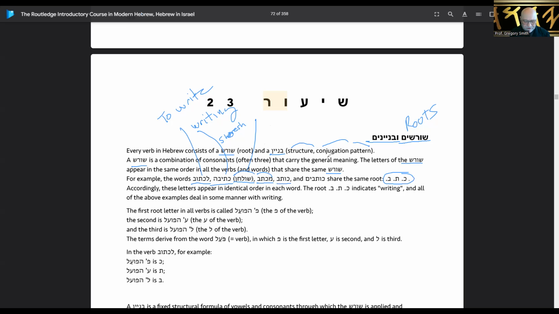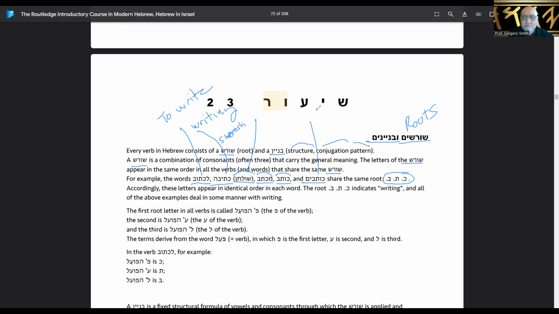Now here's one. This is Kotev. Author. כותב, Kotev. Okay, so that's an author there. Kotvim. כותבים. Okay, so that's like writing. They are writing.